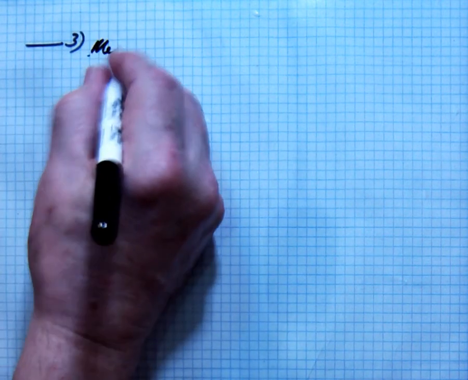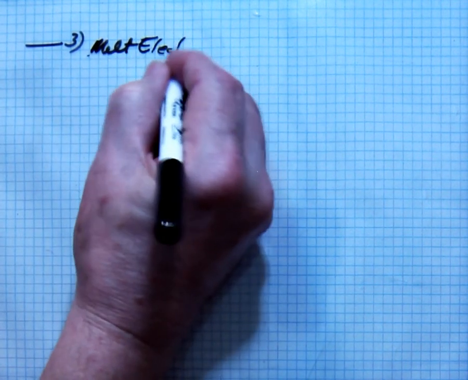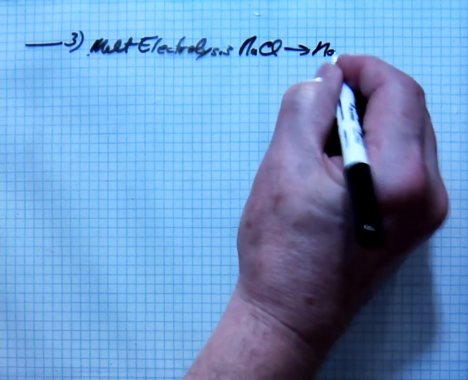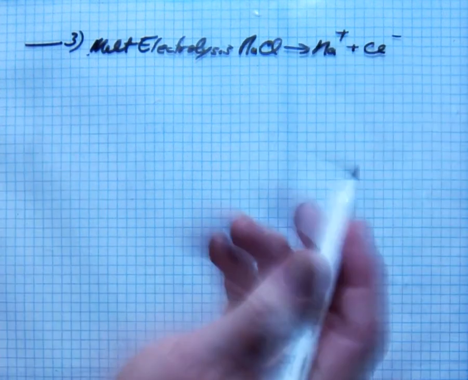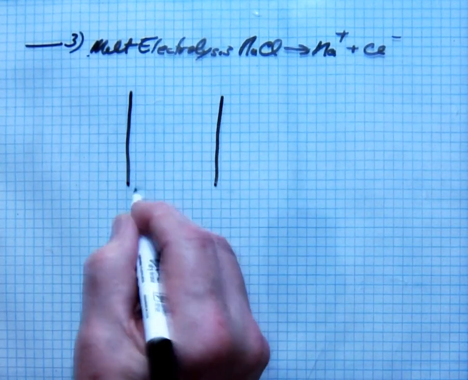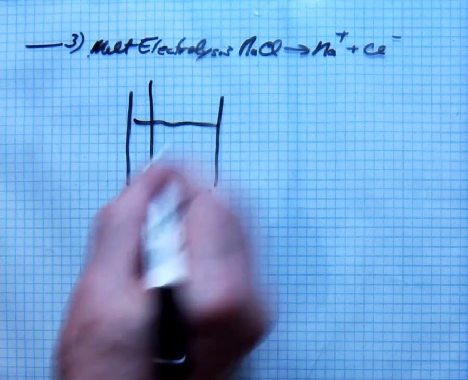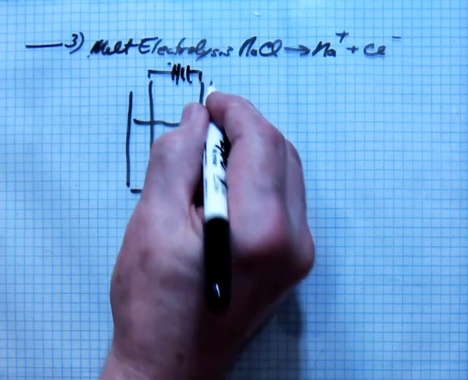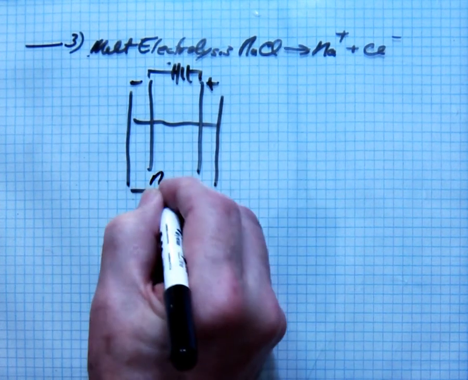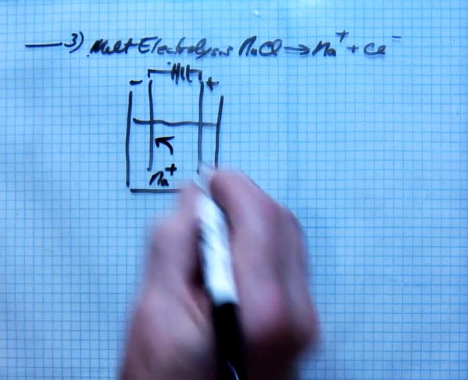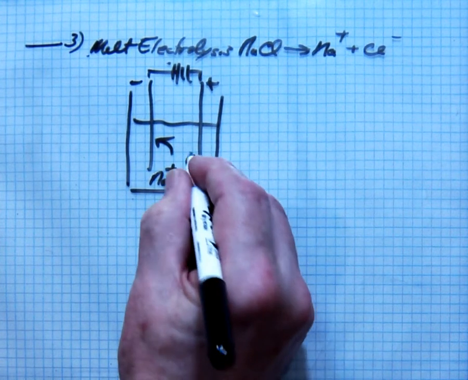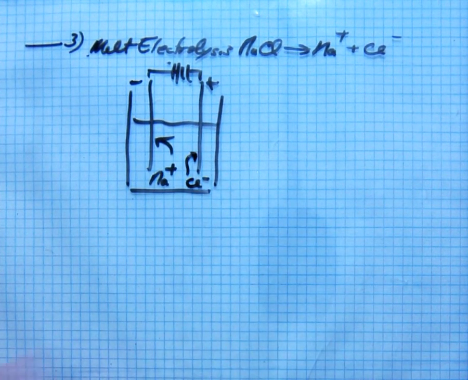Okay. Electrolysis of sodium chloride. Na plus and Cl minus. So again, we draw the electrolytic cell and hook it up to our battery. So sodium will go to the negative electrode, which is connected to the negative pole, and chloride will go to the positive pole.